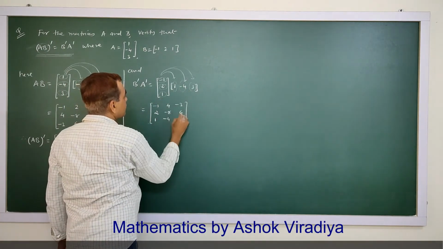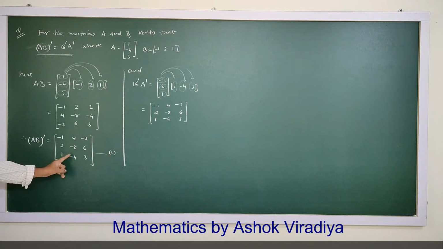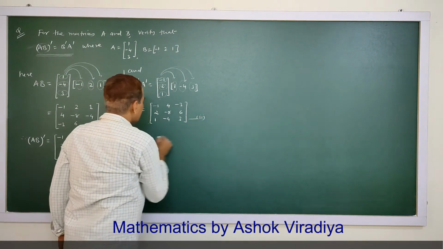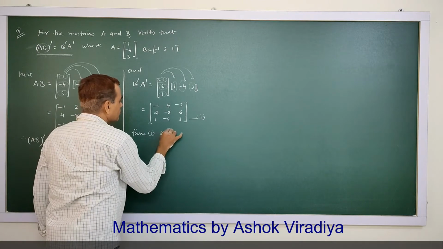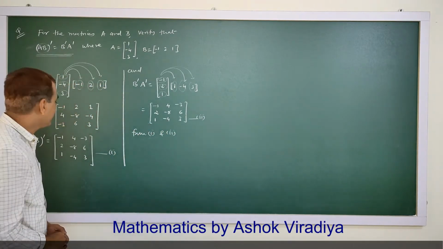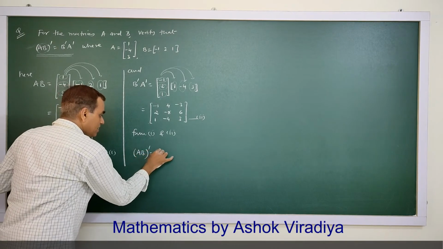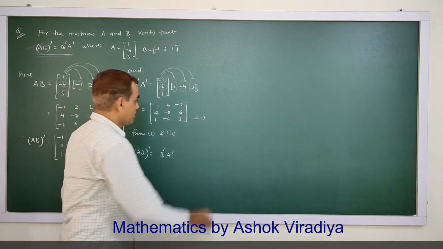Minus 4. 3. And now compare with this value. See, they are equal. So this is 2. So from 1 and 2, transpose of AB is equal to B transpose into A transpose.